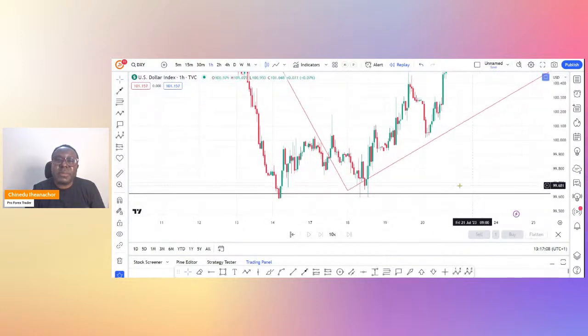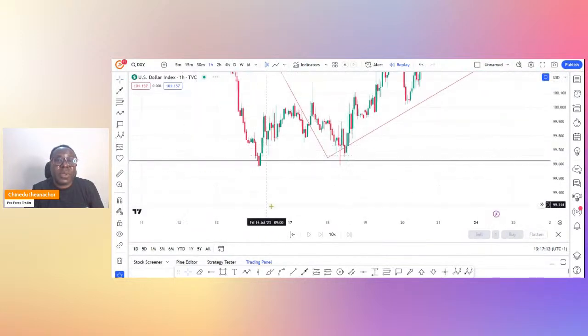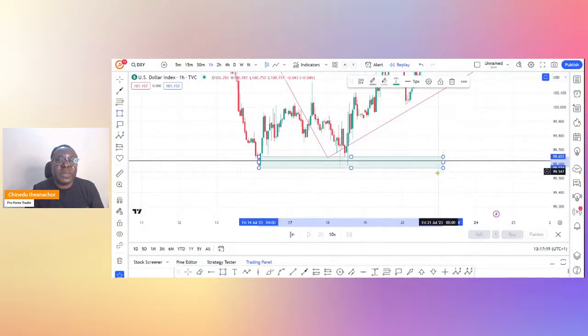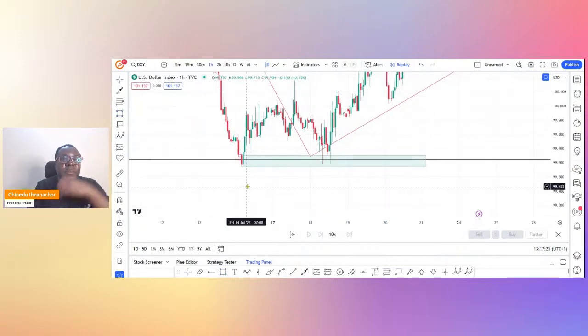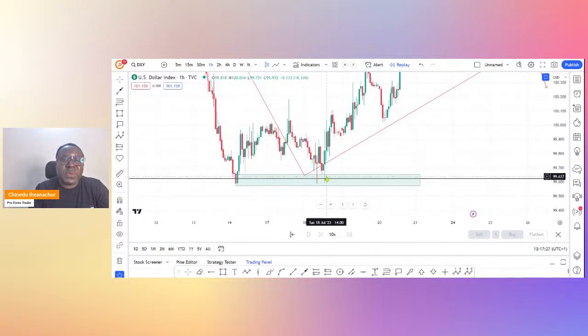All right, so the market tested this zone, okay, and left here with an order block which swept liquidity. You can see it here. It moved, spiked up, okay, and came back to retest it.